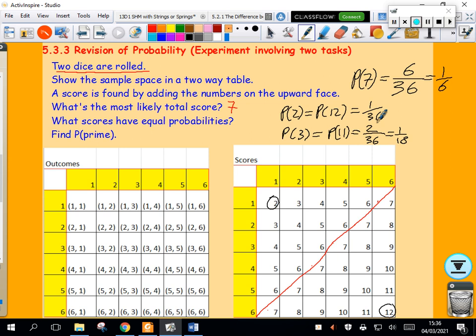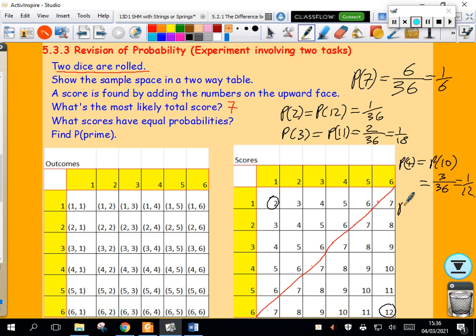The probability of rolling a 4 is equal to the probability of rolling a 10. A 4 can be rolled in 3 ways, as can 10. And that probability is equal to the number of ways that event may occur, 3, divided by the total number of outcomes, 36. That'll reduce to 1 in 12. So the probability of 4 and the probability of 10 are both 1/12.